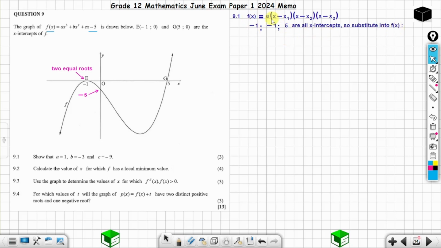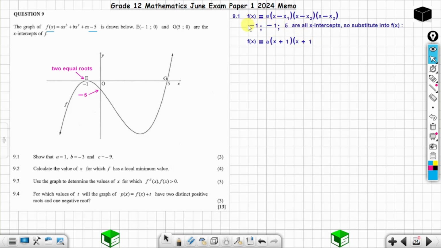Let's substitute. You have f of x is equal to A, you have x minus -1, you are going to have x plus 1.